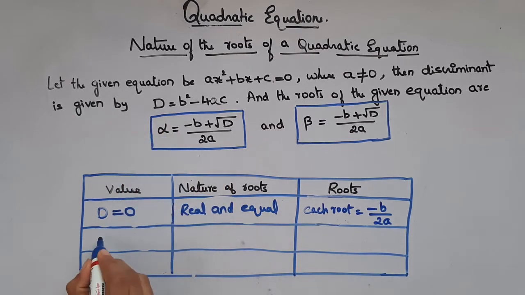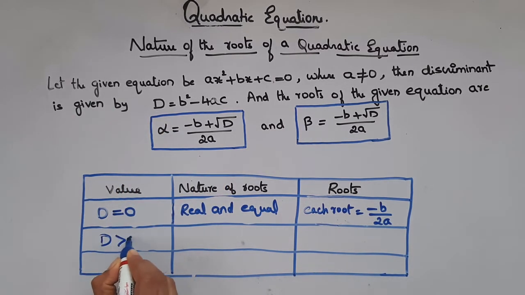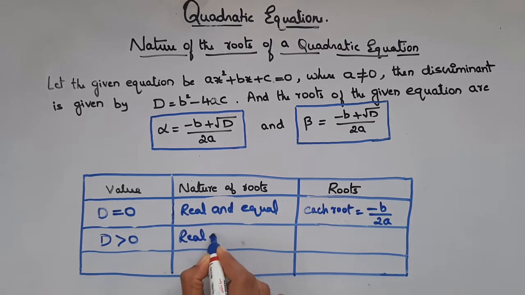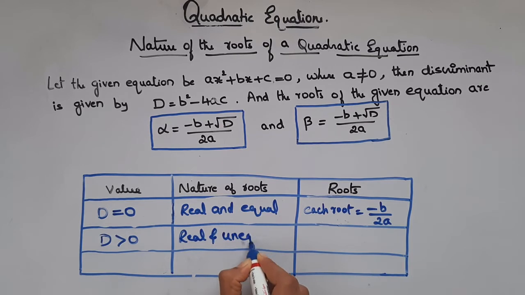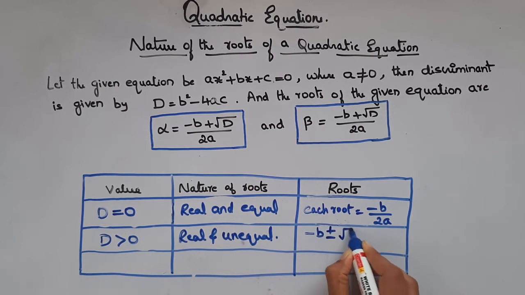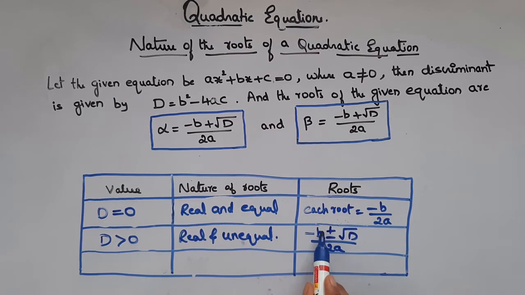So now if your d value is greater than 0, that means the nature of roots is real and unequal. Then the roots are minus b plus or minus square root of d by 2a. That is, alpha is minus b plus root d by 2a and beta is minus b minus root d by 2a.